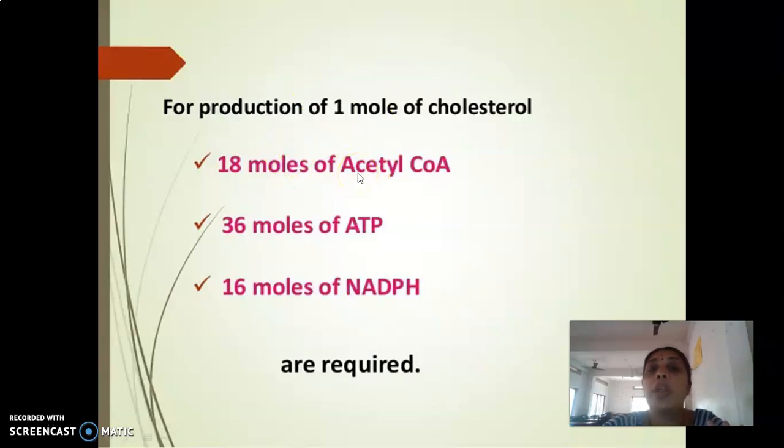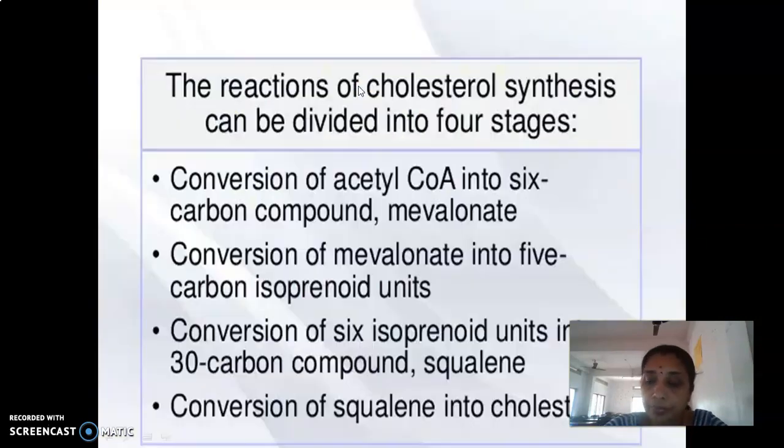One mole means Avogadro number of molecules. It is 1 molecule of cholesterol, which requires 18 molecules of acetyl-CoA, 36 molecules of ATP, and 16 molecules of NADPH. So that much is the investment for 1 molecule of cholesterol.